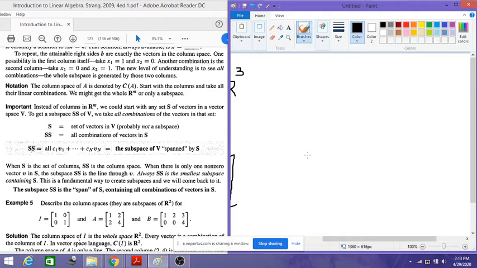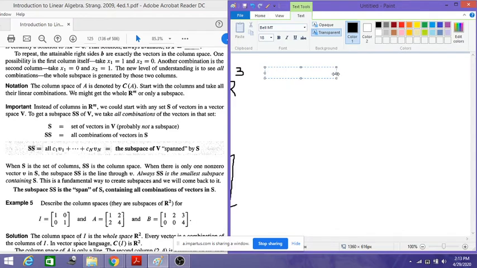So we can call this the set S of vectors in the vector space V, and we also call SS the subspace of set S. So let us define that. We have S here, which is the set of vectors in V, and the subspace is all combinations of vectors in S.